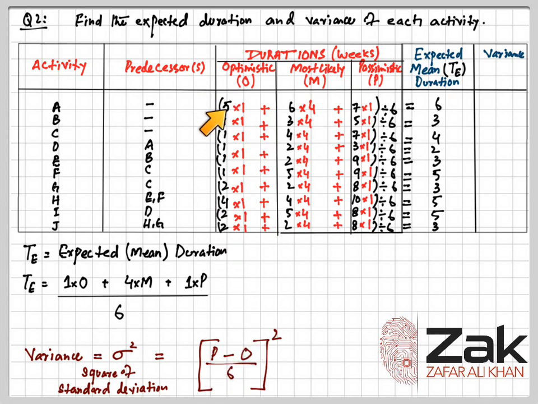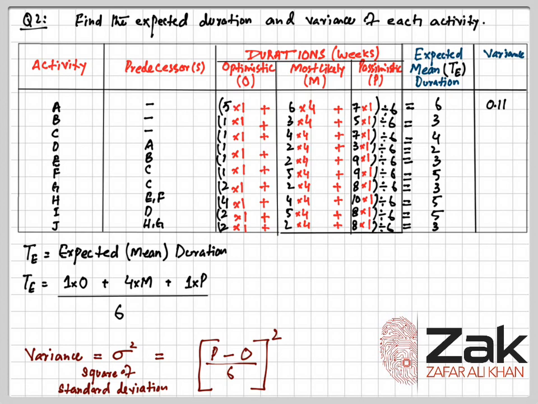For activity A, pessimistic time is 7, optimistic time is 5. 7 minus 5 is 2, divided by 6, whole square, would be 0.11. I have rounded the results, and you would have to round the result to the second decimal place.